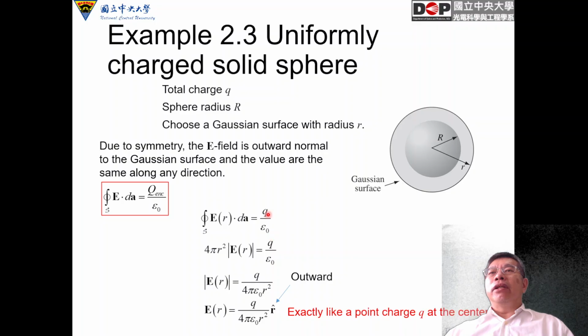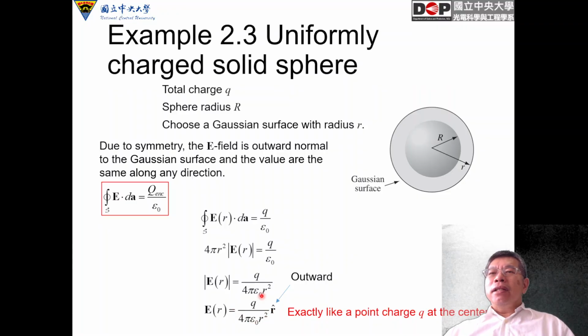And here Q is the total charge. We just write things down here. So now we know the electric field magnitude is this much, and we know this electric field is pointing out, so we put back the radial unit vector.